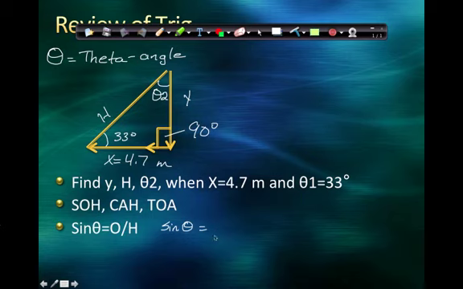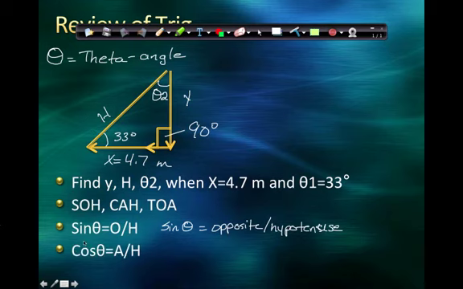So sine of theta is equal to the opposite side of the triangle divided by the hypotenuse side of the triangle. We're going to talk about what these terms mean in just a second, but it's referring to a specific side of the triangle. Then you have CAH, which is cosine of theta, and that's equal to the adjacent side of the triangle divided by the hypotenuse.